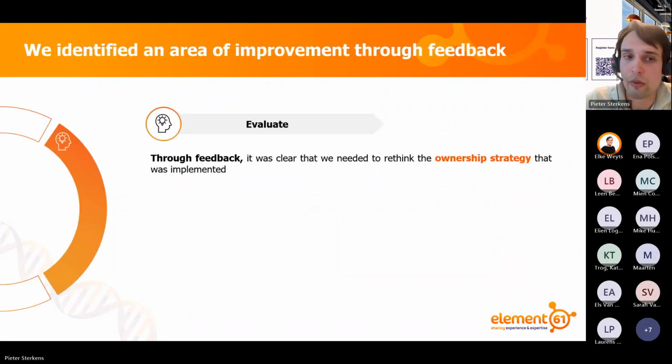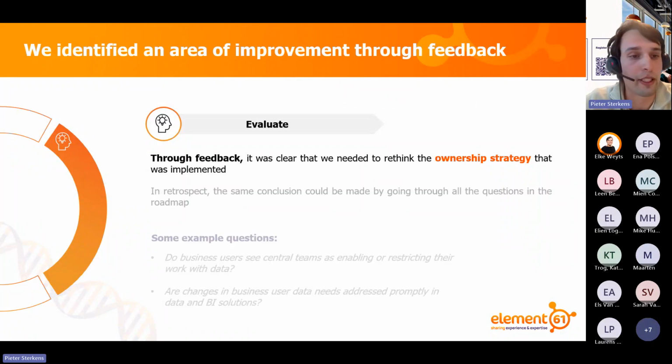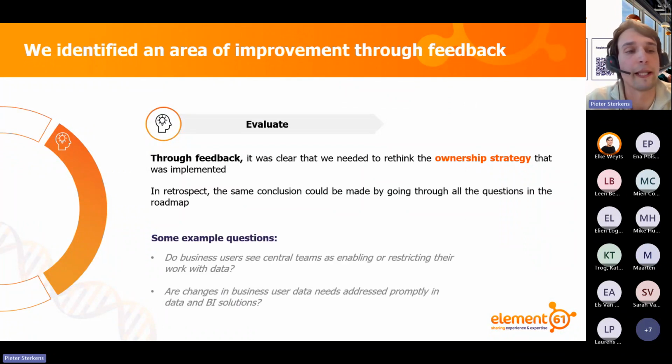When we look at the first step, because it always starts with an evaluation, where are we now? It became clear in this case through feedback that we needed to rethink the content ownership strategy. But in retrospect, if you would use the roadmap and look into those questions that we talked about earlier, and answer them, you could come to the same conclusion.